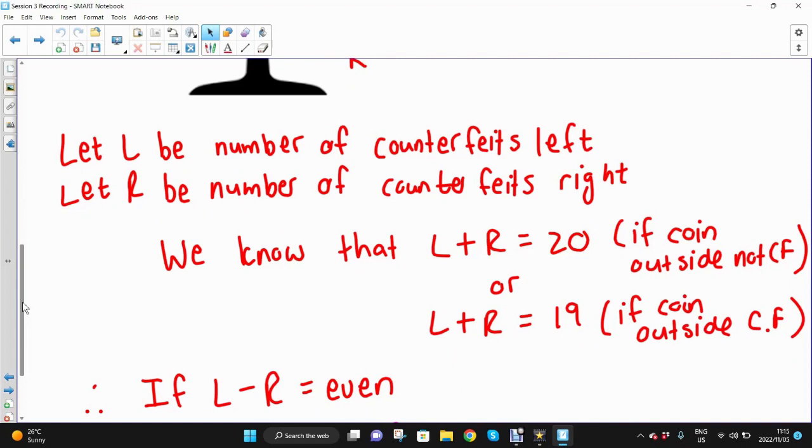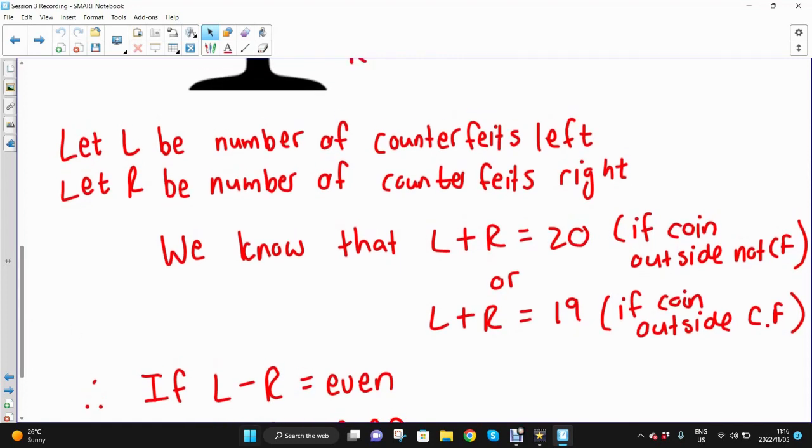If you're going to end up with an even number, you're going to end up with an even number both ways, whether you add the counterfeits or subtract the counterfeits. In another scenario, if we add the amount of counterfeits with their weights, just looking at their weights and not the amounts, you will also get an even number. So whether you look at the amount or the weights of them, it's the same type of principle.